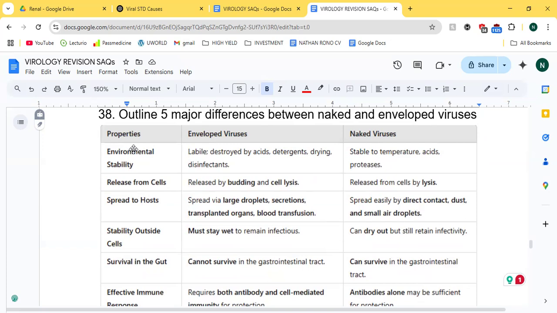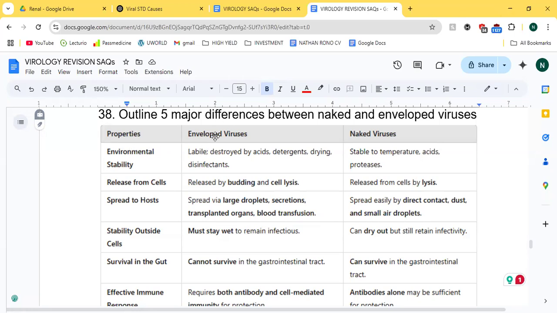But naked, since they have no envelope, they are strong. That's how I used to picture them, okay? Enveloped, since they have the envelope, they fear. If someone lives inside a house, they fear maybe burglars, they fear cold weather. But if you're naked, you live outside the house, you don't fear anything. You're strong, okay?